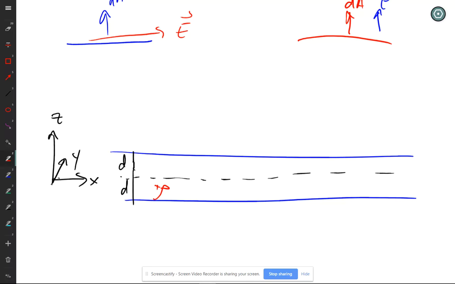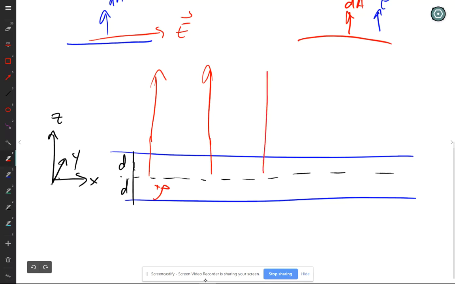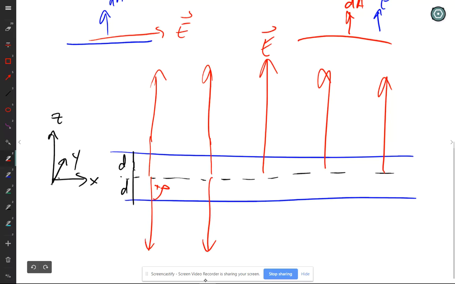Based on the symmetry, I have as much charge to the left as I have to the right. So electric field lines going horizontally are going to add up to 0 because I have a balance from both sides. So based on that symmetry, the electric field lines have to be going, and I'm going to go into the material here, like this. And based on the symmetry, like that.